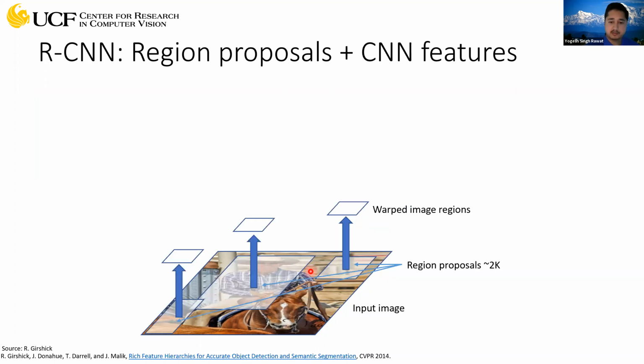You extract patches from those regions. You just extract the RGB patch, and then you reshape that to a fixed size. You can use image warping for that, because these proposals will have different resolutions and different aspect ratios. This is a very tall proposal. This is maybe rectangular.